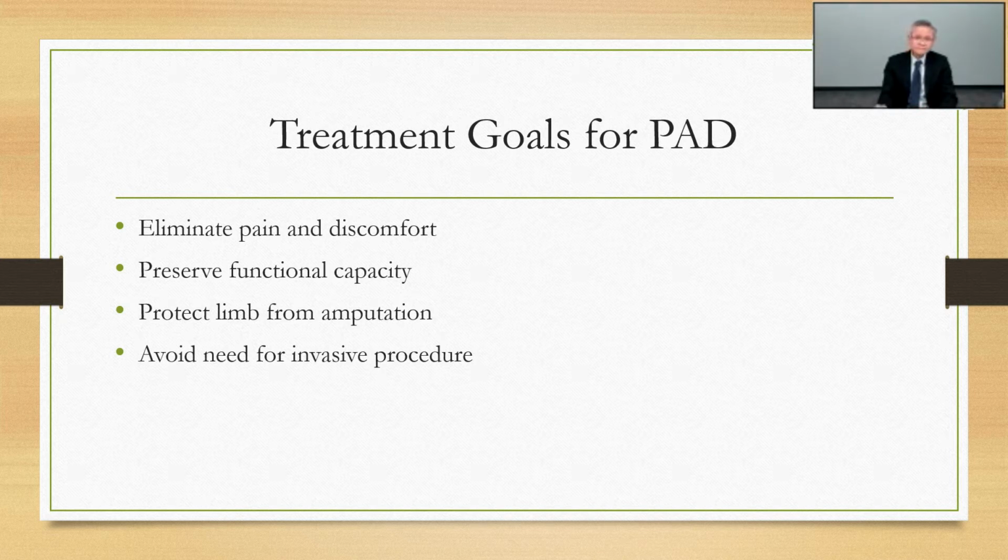Actually, one other important thing that we always need to do is think of that 20% of the people with critical limb ischemia who would have died 1 year from the time of evaluation. So evaluation of other important vascular systems is needed.